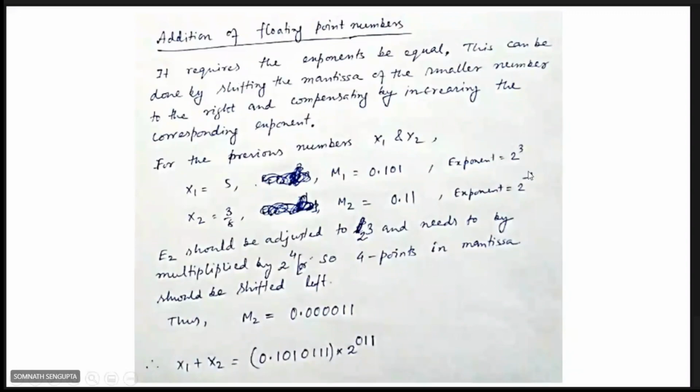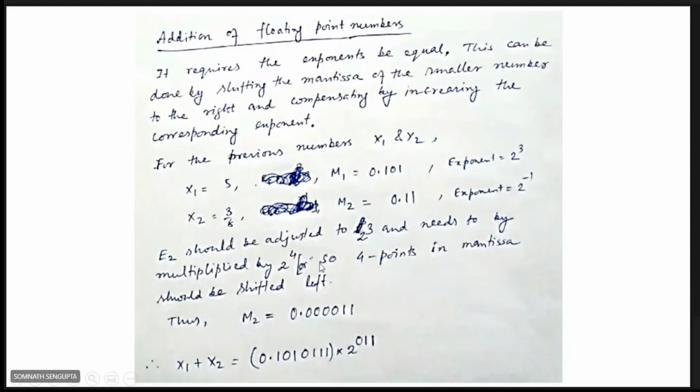First you have to make the power of the exponent the same for these two numbers, so let us keep it 2 to the power 3. To make 2 to the power -1 into 2 to the power 3, we have to multiply with 2 to the power 4.